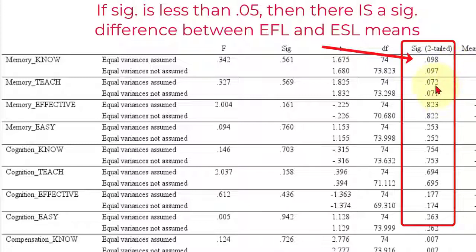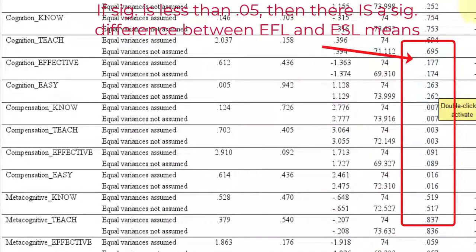Now this one is 0.07. That's kind of close to 0.05. You might be able to get away with what we call borderline significance. But ask Dr. Kelch about that, okay? Because this is close to 0.05. But let's scroll down here and find one that's less than 0.05. There's one right here.